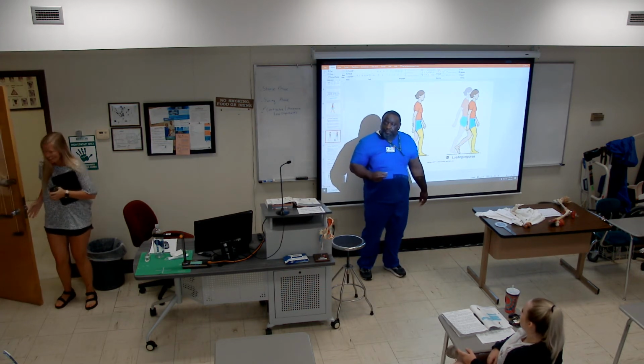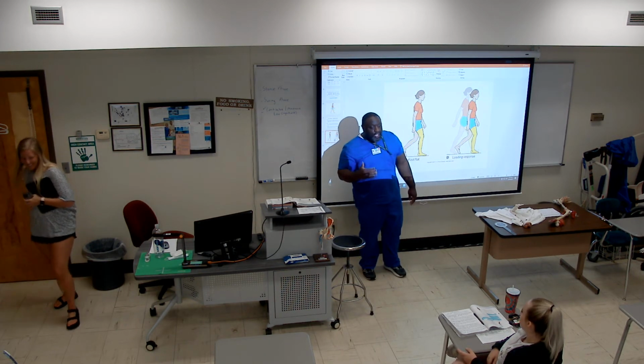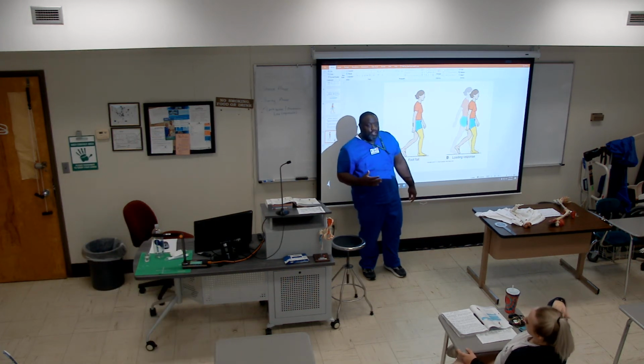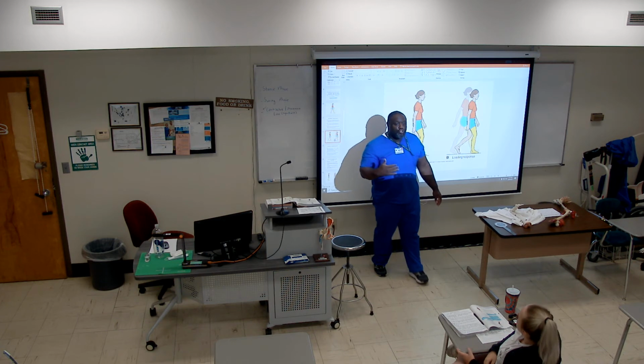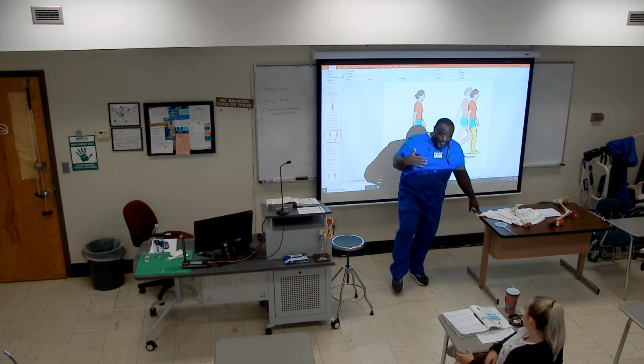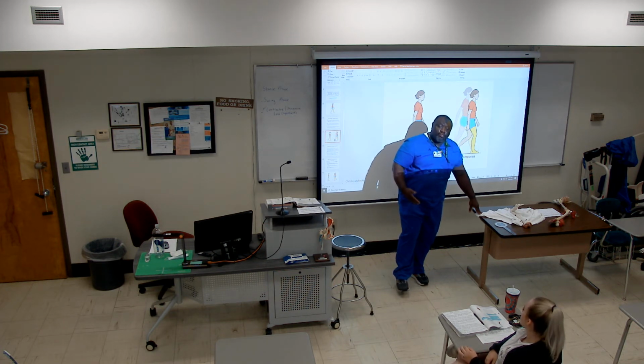Okay, so let's say I don't have it. The muscles are weak or they're absent. Then when I go to mid-swing, instead of my foot coming up to neutral dorsiflexion, my foot is going to stay in plantar flexion consistently, so it looks like my foot is dropped. That's where we get the name foot drop.